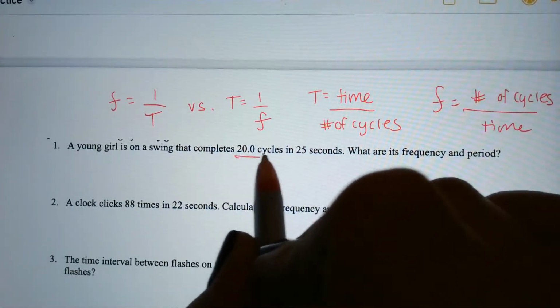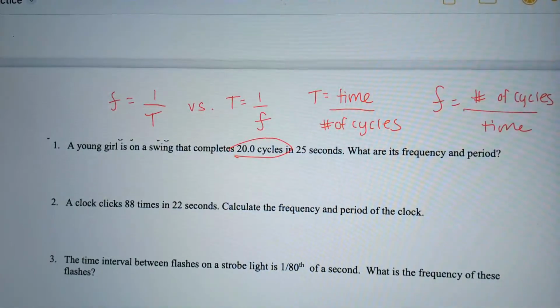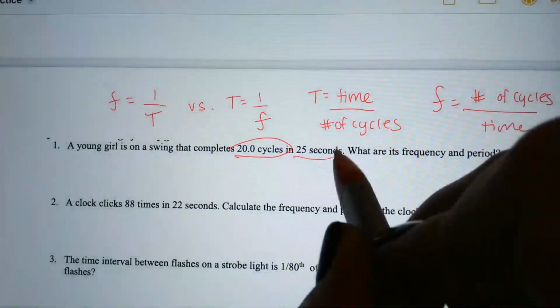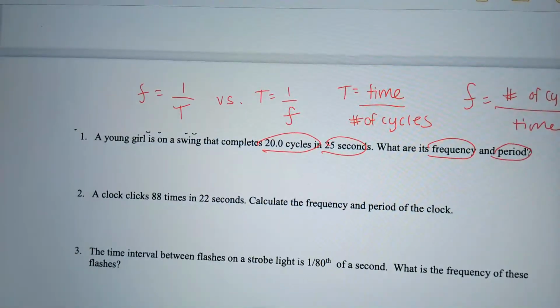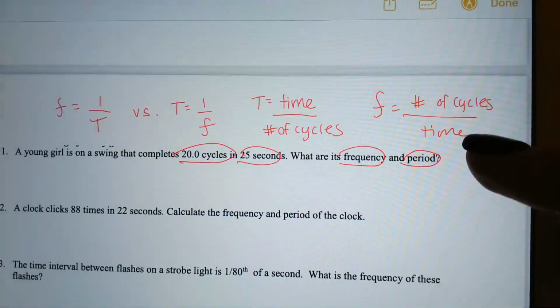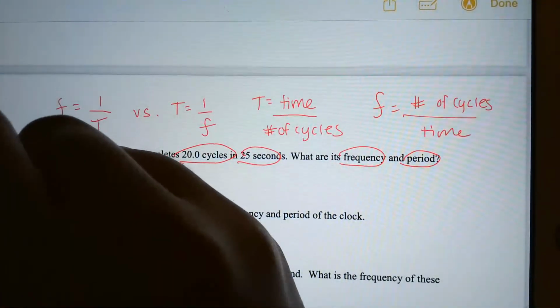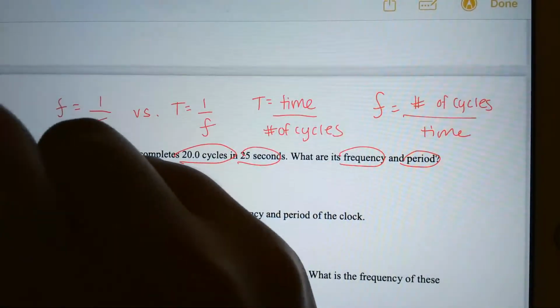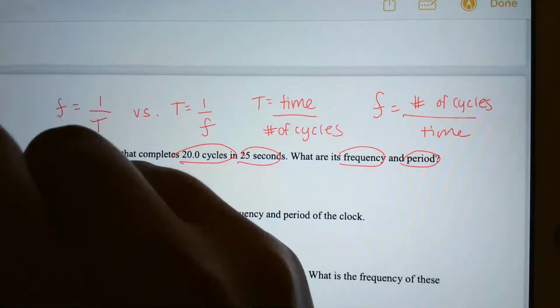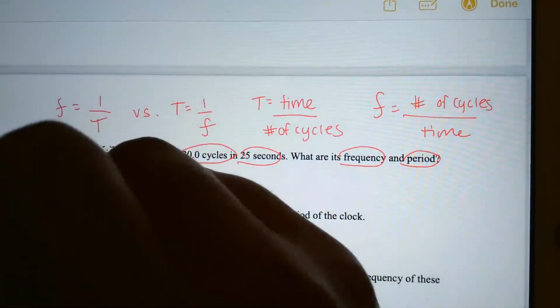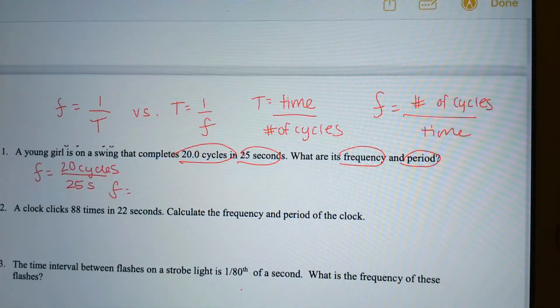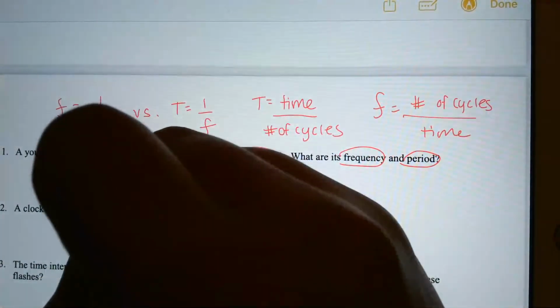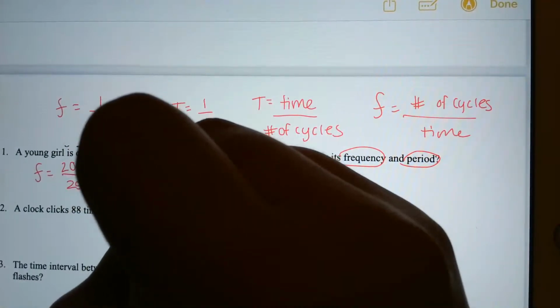A young girl is on a swing that completes 20 cycles in 25 seconds. What is its frequency and period? So the frequency, again, we're going to use right here is the number of cycles per time. So frequency is 20 cycles over 25 seconds. So this child's frequency, 20 divided by 25, will be 0.8 hertz.